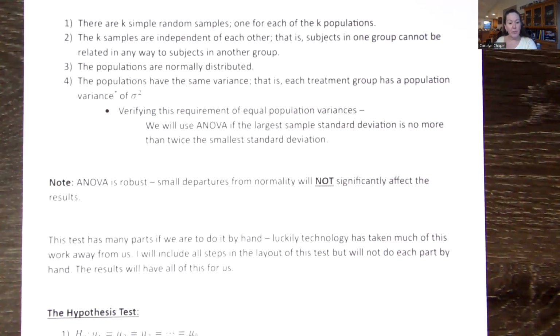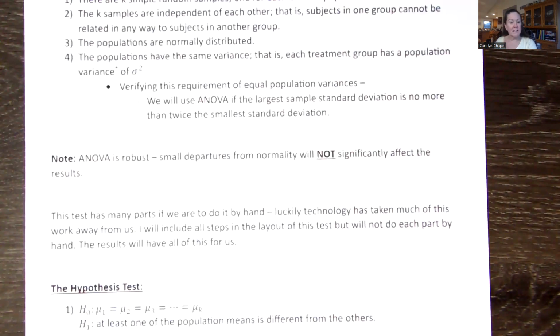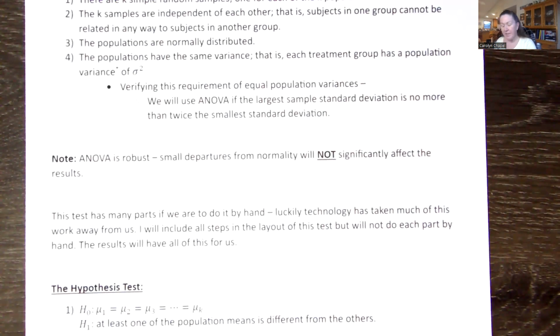So ANOVA is a pretty good tool for checking to see if means are the same or not. This test is quite calculation heavy. And luckily for us, technology, and we talked about this through other videos, technology is going to take a lot of that away from us. Because what we would be doing in here is looking at a lot of different variances.